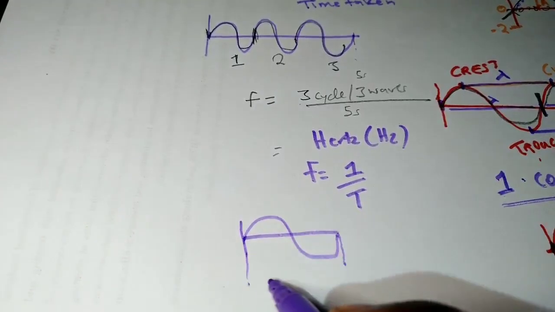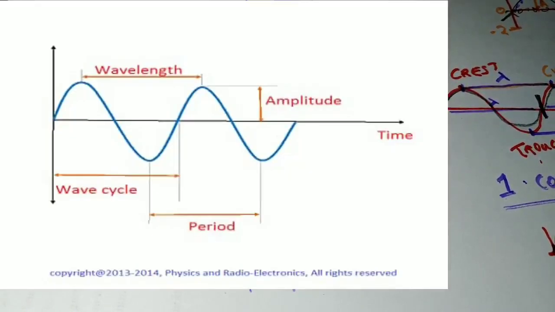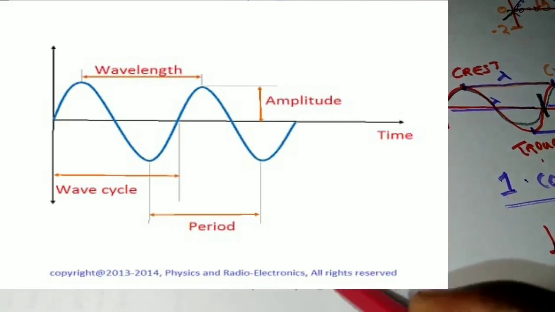That is the period. The period can also be the time elapsed from one crest to the next crest. From the diagram we can see the period labeled from a crest to a crest. That time in seconds is the period, so it's measured in seconds.